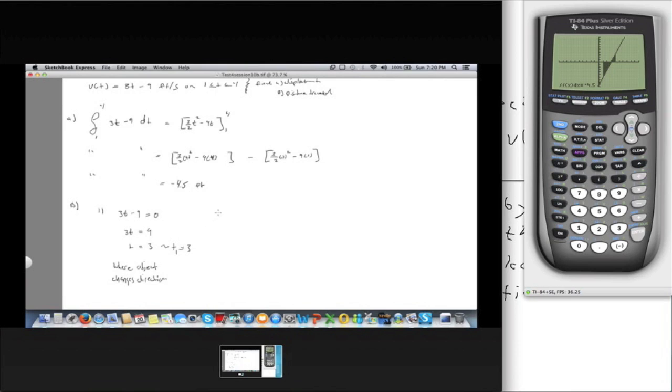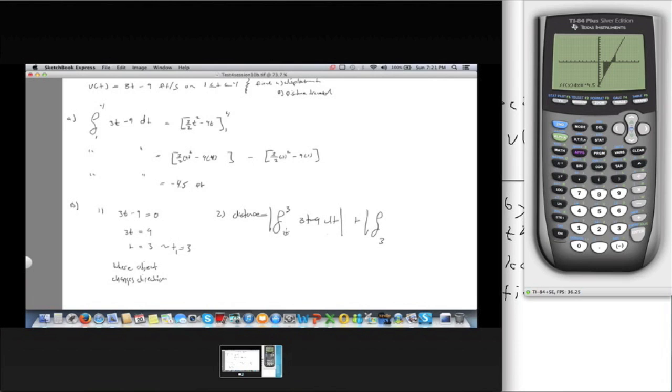So we can write our distance equation like this. t0 is just at time 0, of the velocity function, 3t minus 9 with respect to t, and then 3 as the final time.